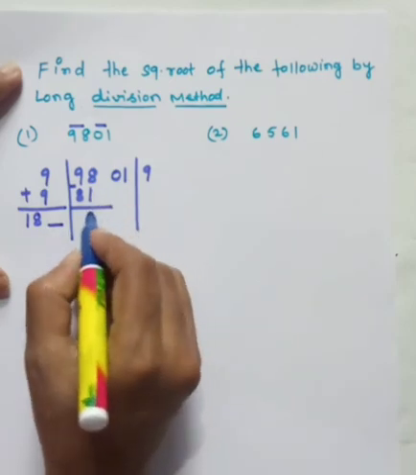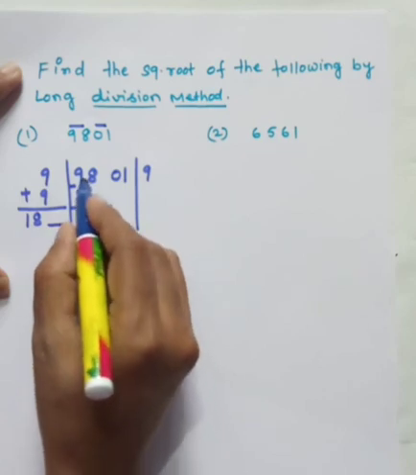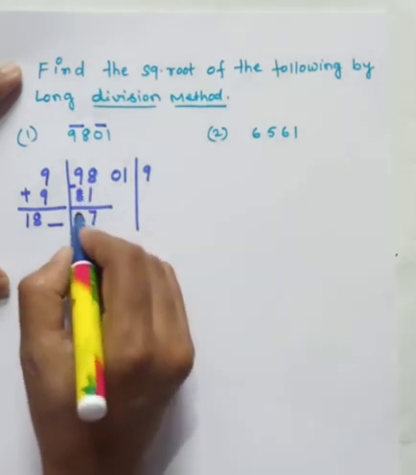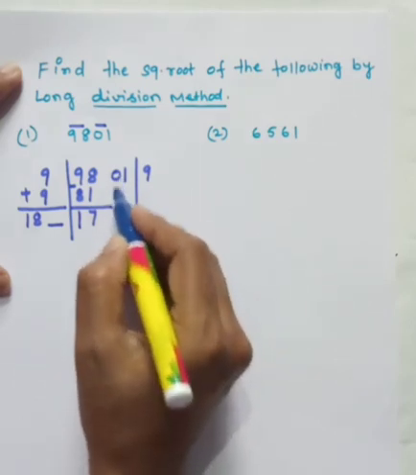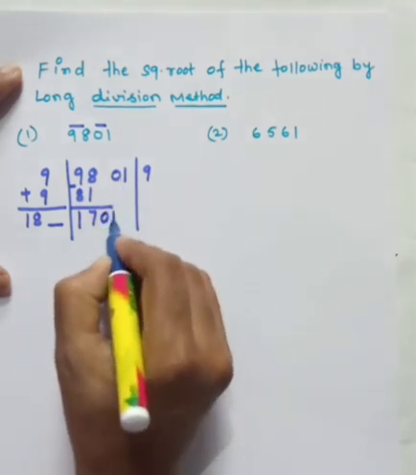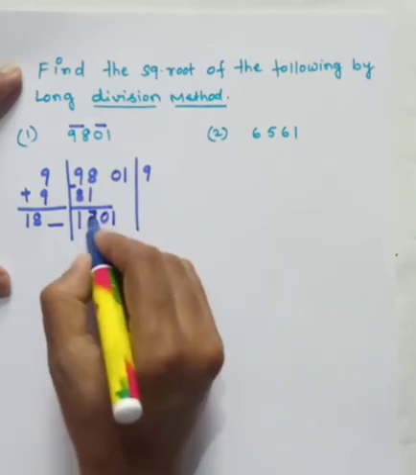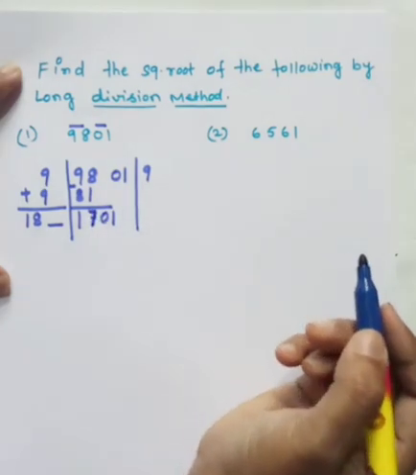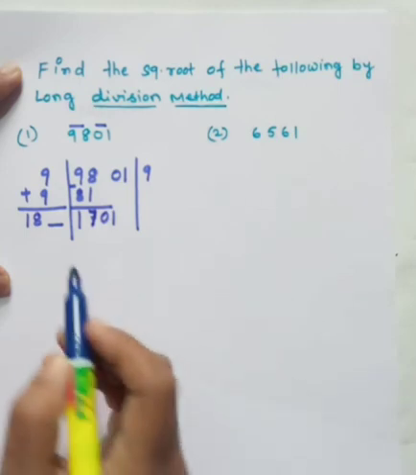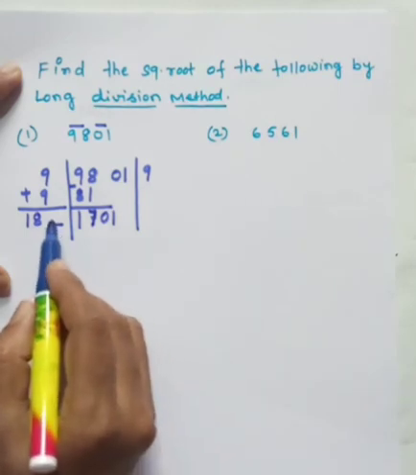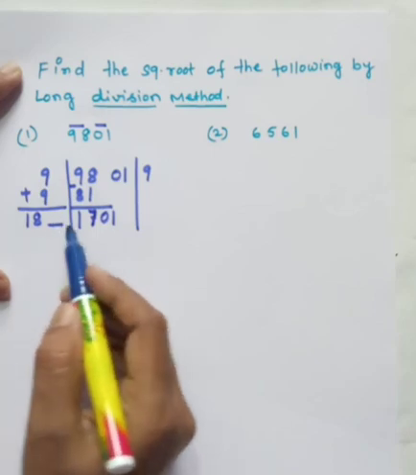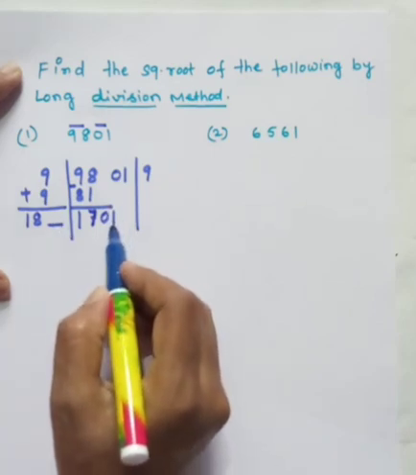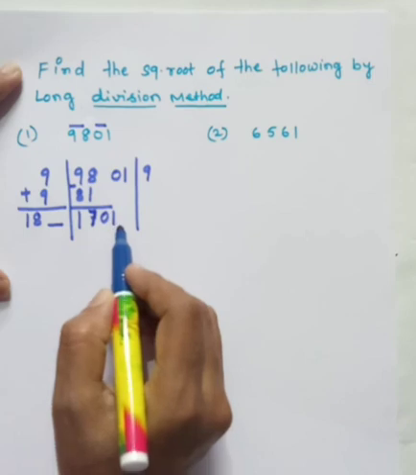So 8 minus 1 is 7 and 9 minus 8 is 1. For the next step, we'll bring down the next pair. Therefore now our number is 1701.